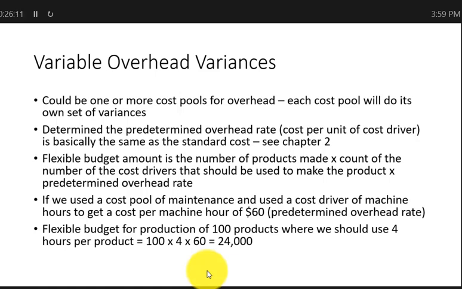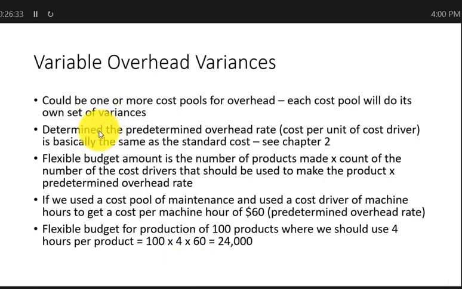So that's if you're using activity-based costing. If you're using one plant-wide rate, which we also talked about in chapter 2, then you only do one set of variable overhead variances. But if you use multiple pools, then you're going to have a set of variances for each cost pool.